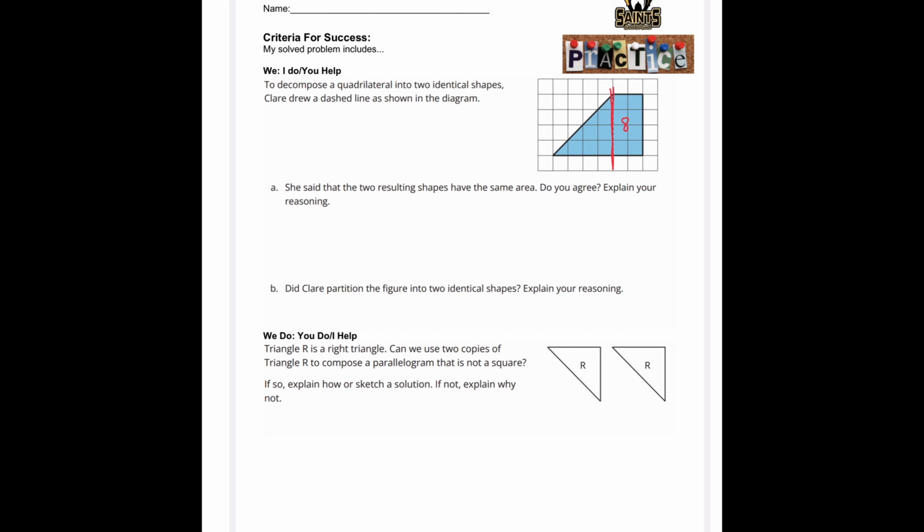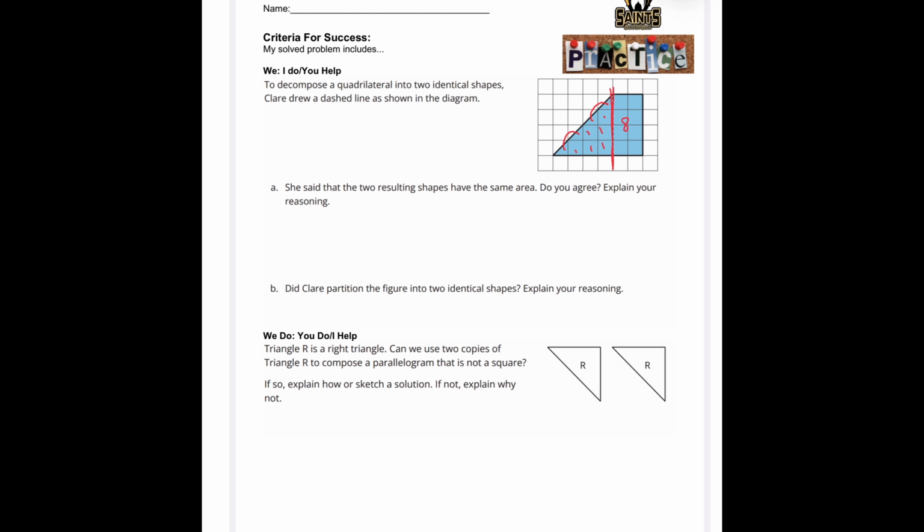They don't have an area for a triangle yet, but you can go ahead and start thinking about it. They can always count 1, 2, 3, 4, 5, 6 full square units, whatever unit we're in, and then 1, 2. There's 1, 2 halves is a whole, and 1, 2 halves is a whole. So there's 8. That's one way to do it.